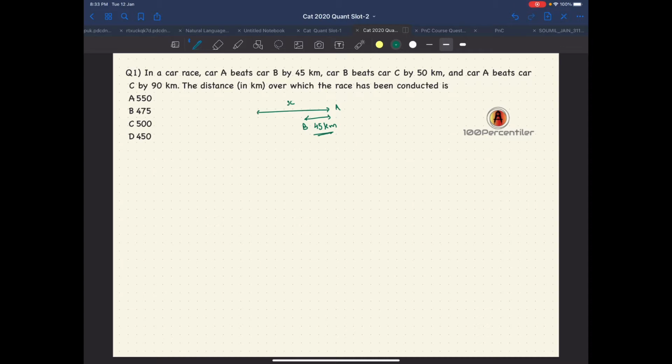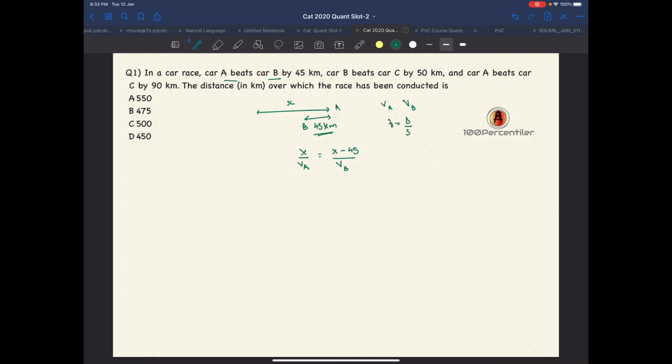So let's say the speeds of A and B are VA and VB. Then we know here that X upon VA is equal to X minus 45 upon VB. So we have simply used time equal to distance upon speed.